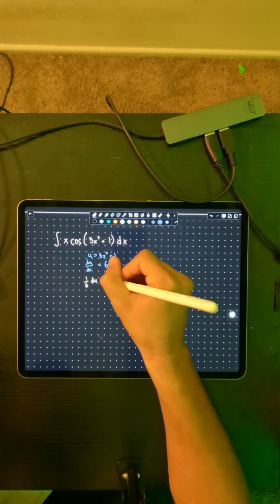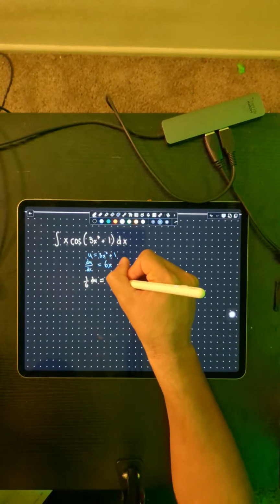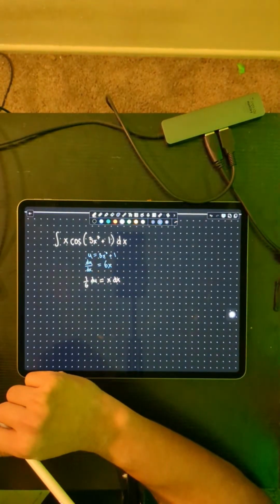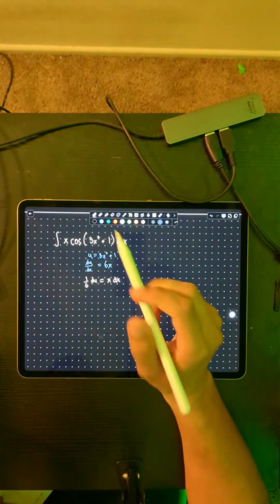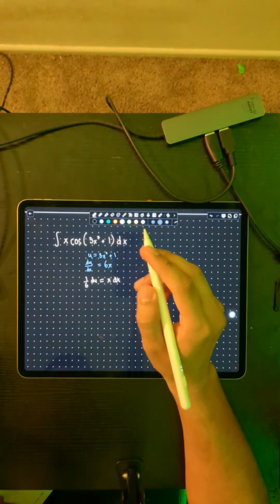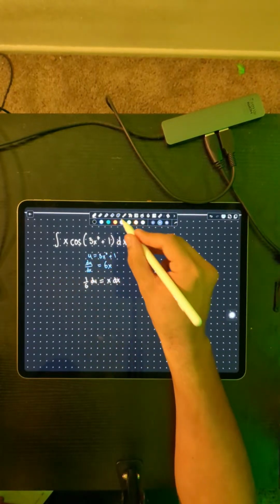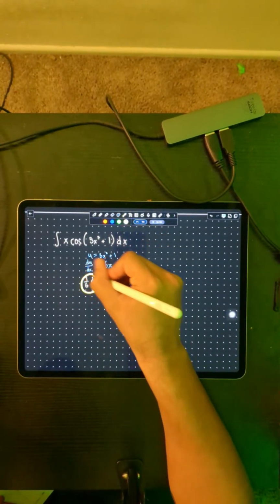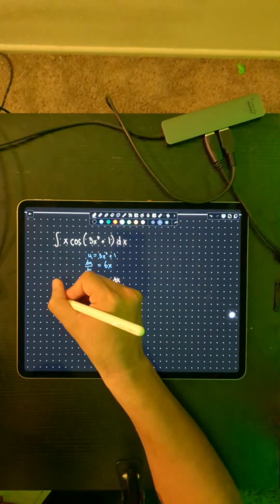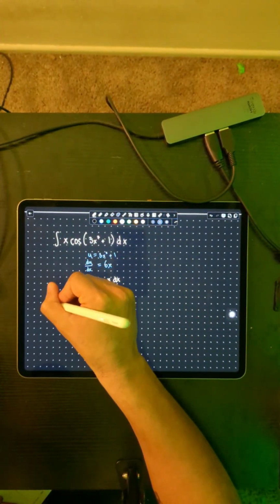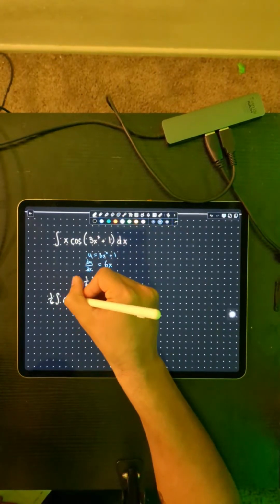And that's going to be x dx. All right, so we're going to replace that 1/6 du term over here. And so we're going to have 1/6 on the outside here, and that's going to be cosine u.